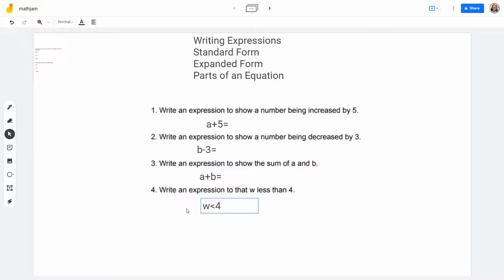No, I don't think that's quite what they're looking for, although that would be accurate. I think what they're looking for is maybe 4 minus W, because that would be W, whatever our mystery number is, less than 4, or 4 less than W. Okay, let's go ahead and see what else we have here.